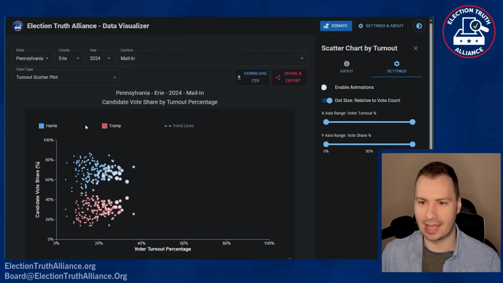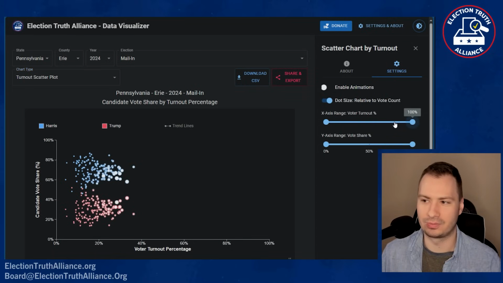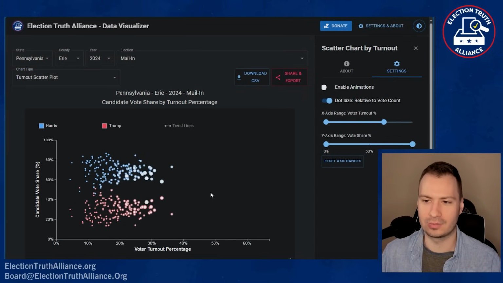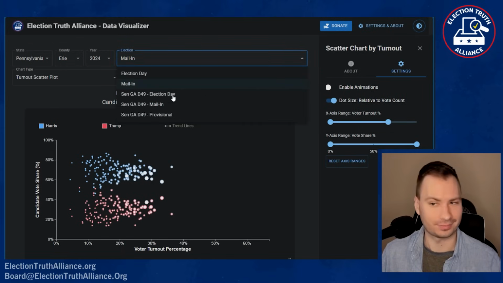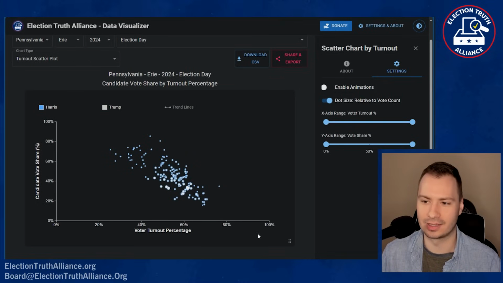And we still get more of a straight line, like we have seen in California, like we've seen in other places. So I think this is really important to show we're not seeing any rapid growth or decrease as turnout increases. But then in election day, which is always very interesting, we do see that concern, even in Erie County, even in other places.